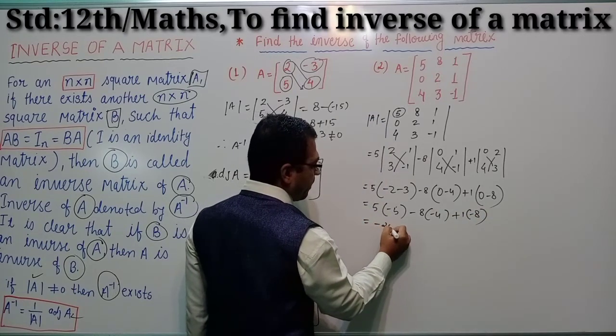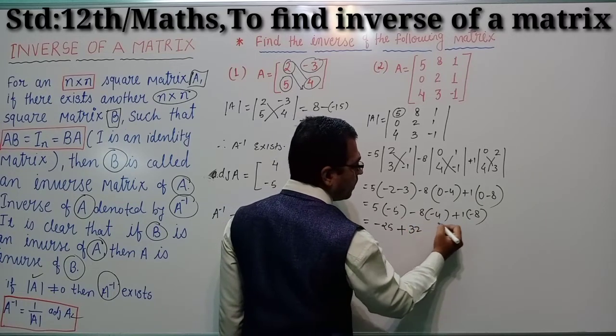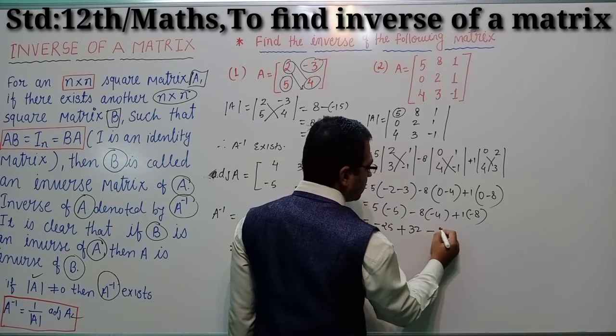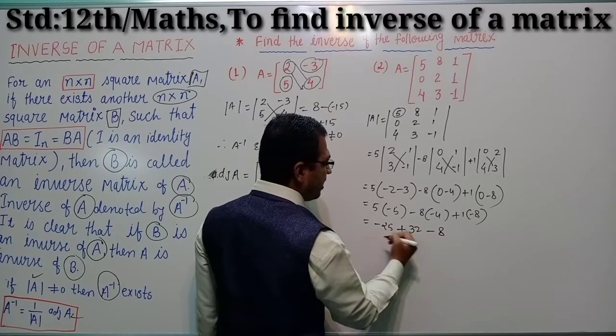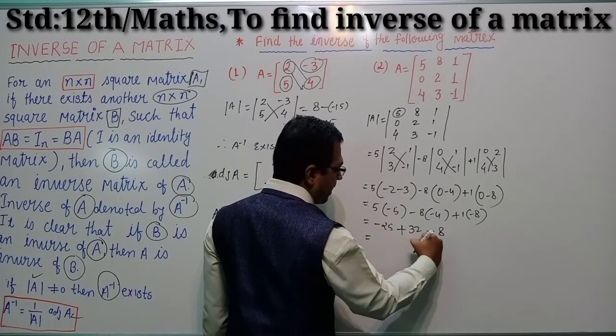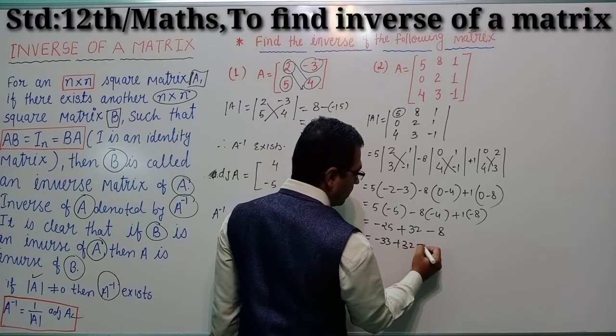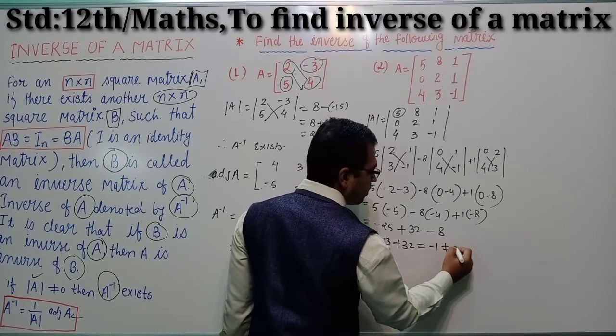So minus 25 plus 32 minus 8. Now you can add the negative integers: minus 25 and minus 8. So minus 33 plus 32 is equal to minus 1, which is not equal to 0.